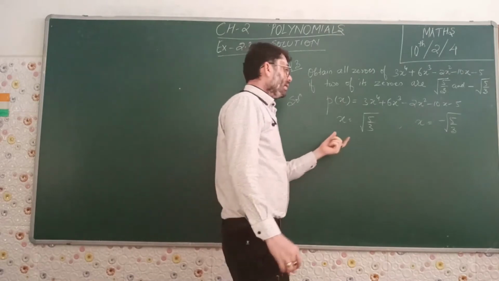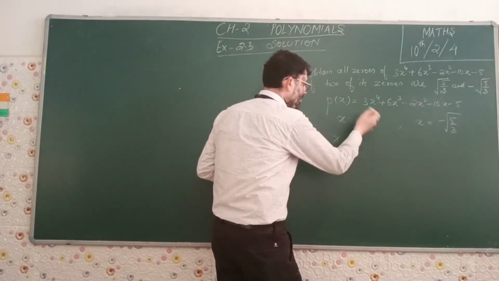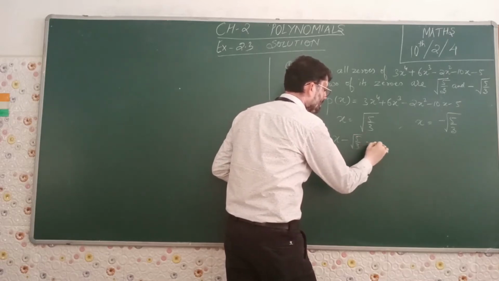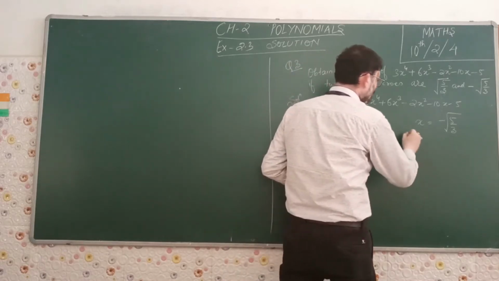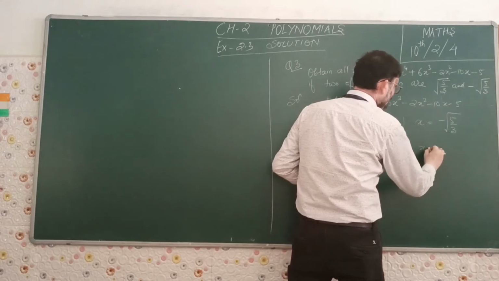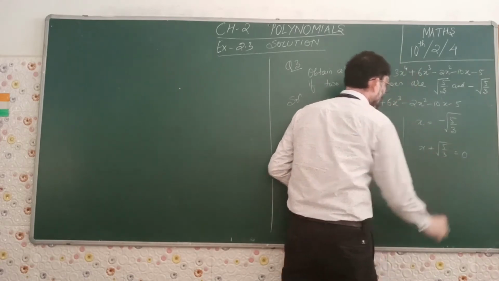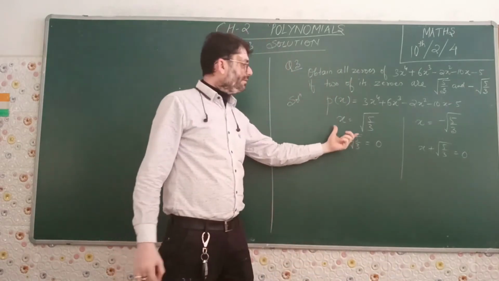That means we can write this as, changing the sign, x - √(5/3) = 0, and on this side also x + √(5/3) = 0. This has been made from this itself.